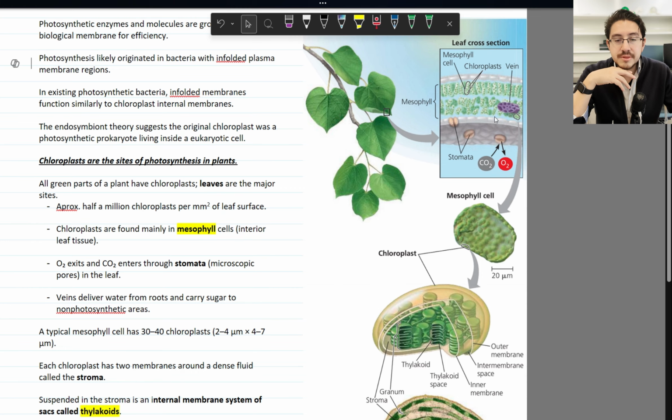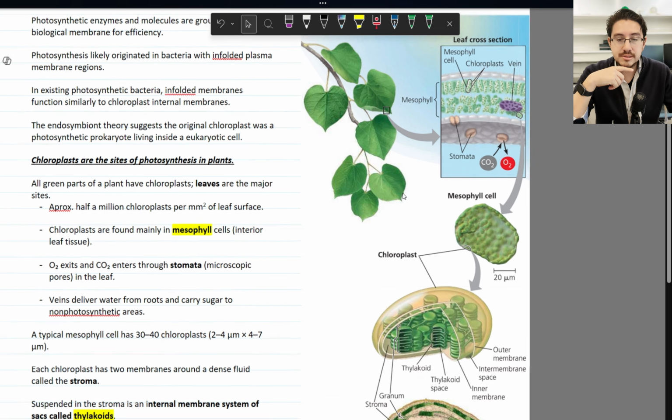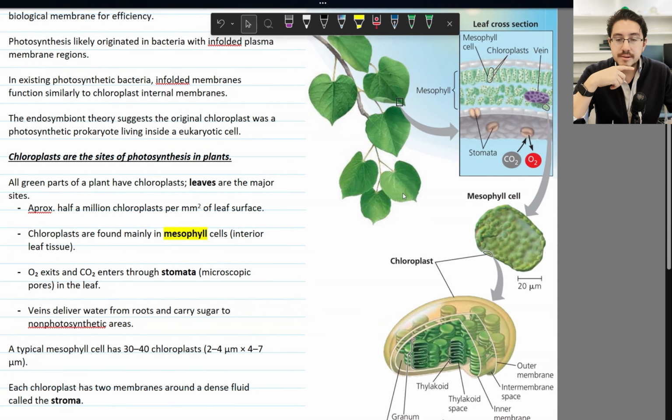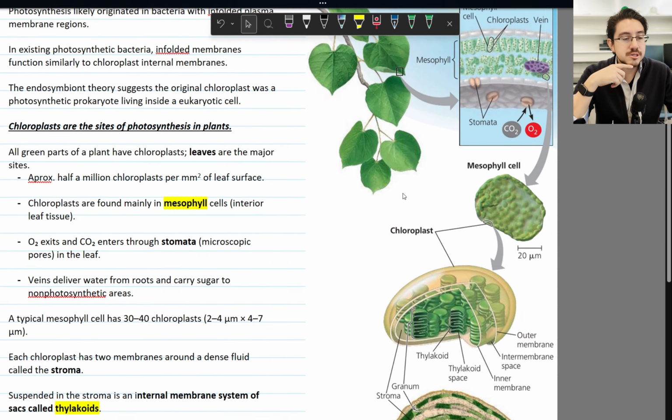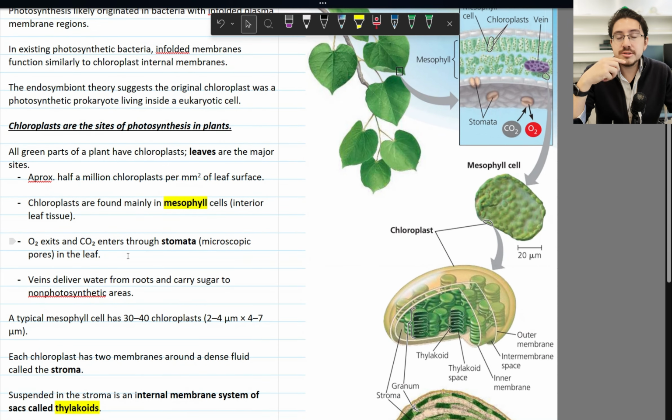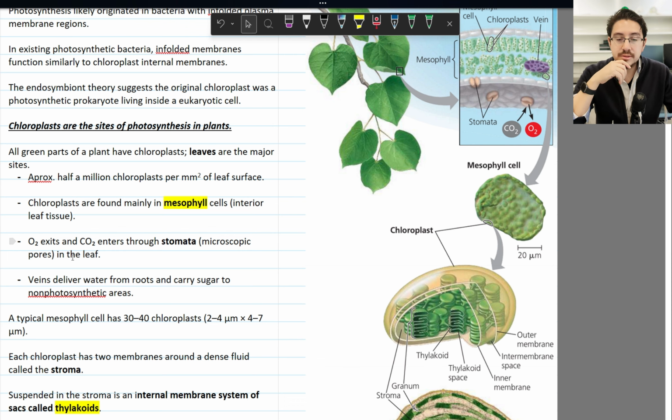Aside from that, within the leaf, generally on the underside, you have these specialized structures, again specialized cells. They're called stomata. We're going to talk about these in a lot more detail in the later sections of this chapter. Gas exchange occurs at these sites: oxygen exits, carbon dioxide enters through the stomata, which are little pores that you can find on the leaf.